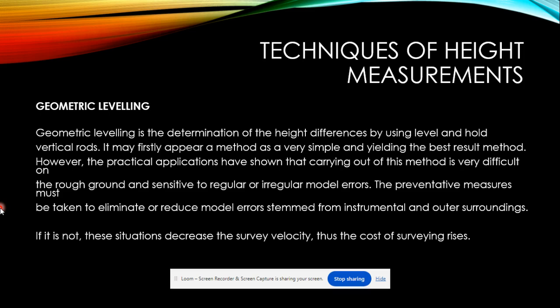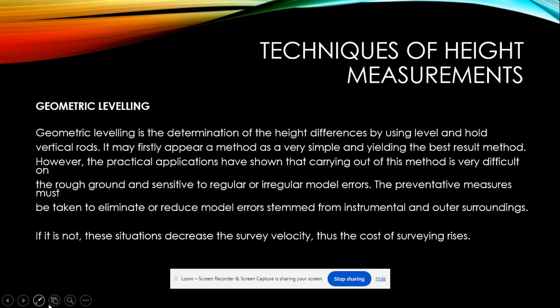When you have a steep slope or rough ground, it may be prone to errors because the machine may not be stable enough to withstand the rough ground, or it does not have the capacity to measure sloping readings. So that is for geometric leveling.